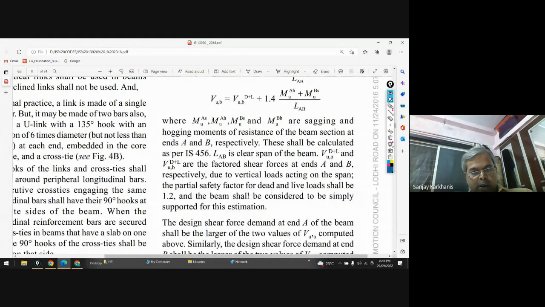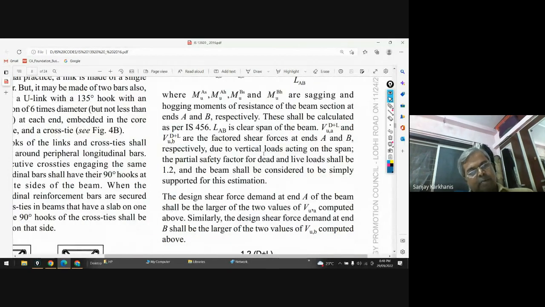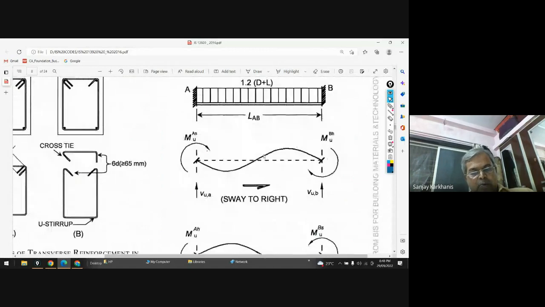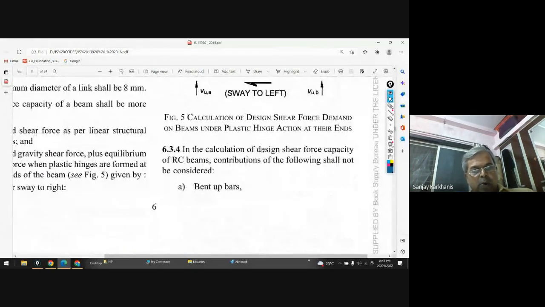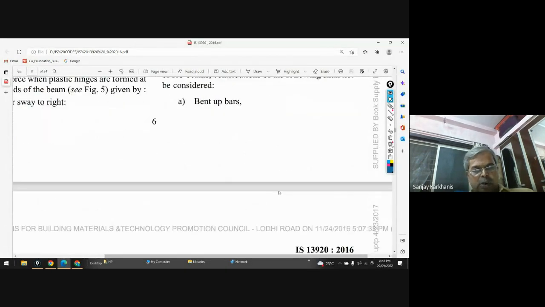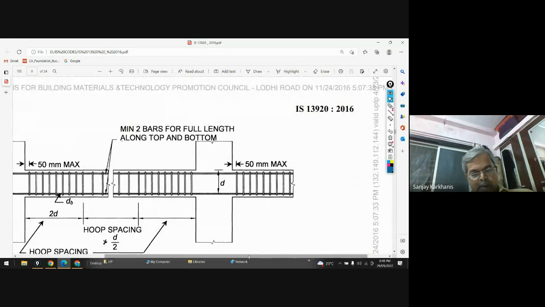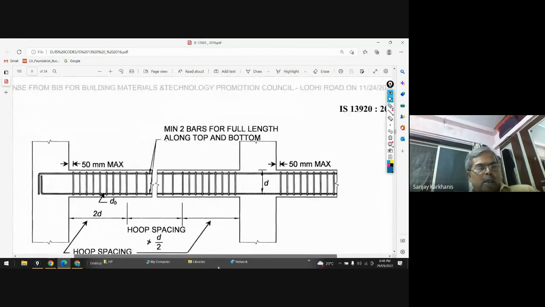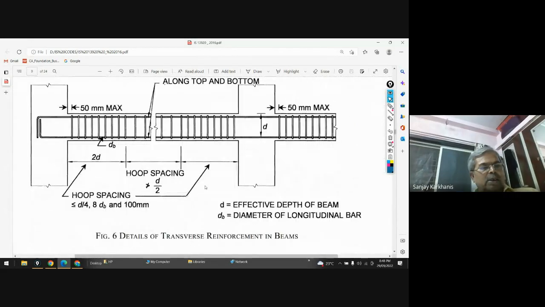The partial safety factors for dead and live load shall be 1.2, and the beam shall be considered simply supported for this estimation. That is exactly what is shown in the figure also, and you can go through that and I think you will be able to understand it. Finally, this is the design.